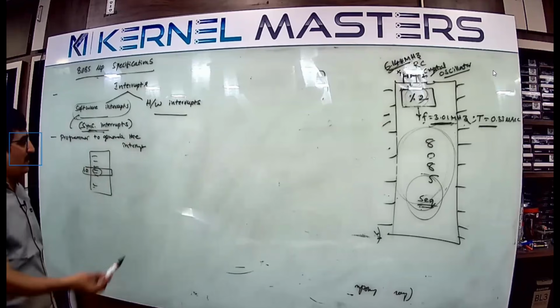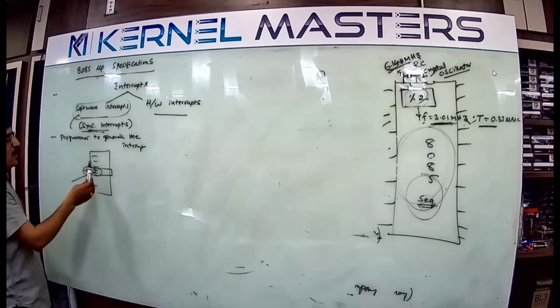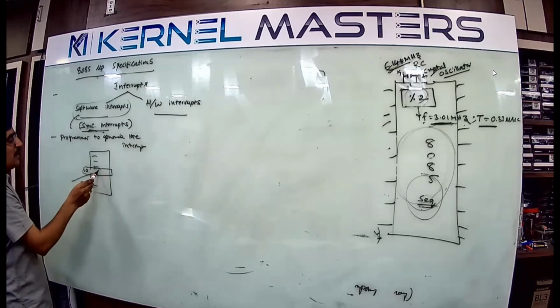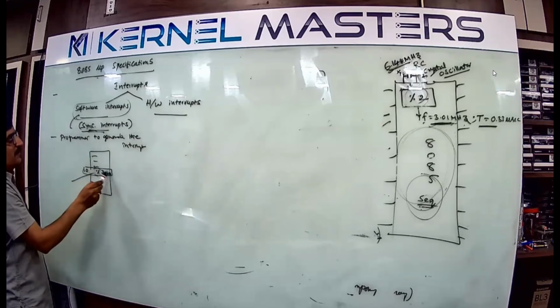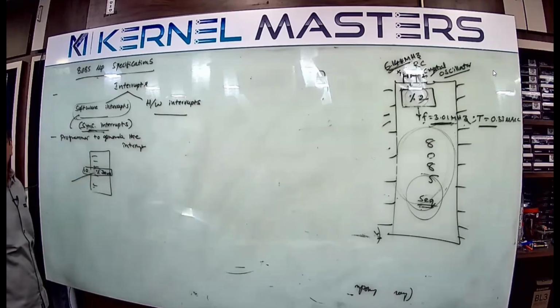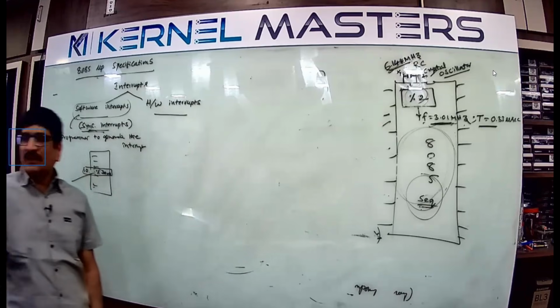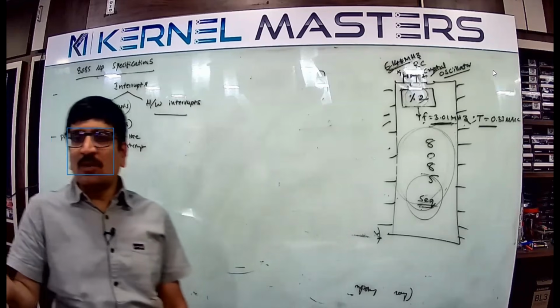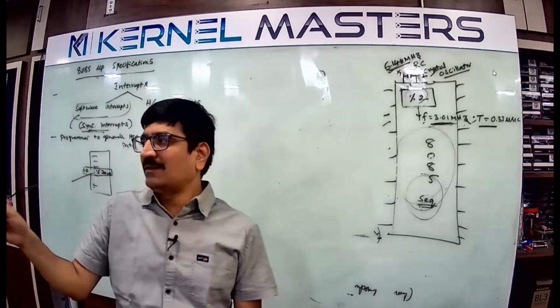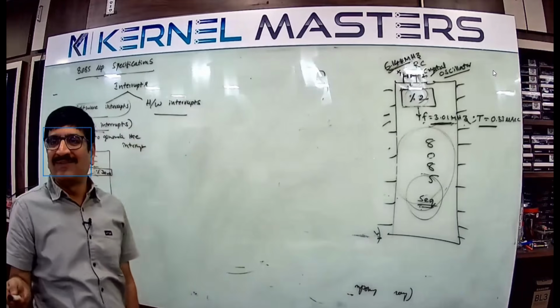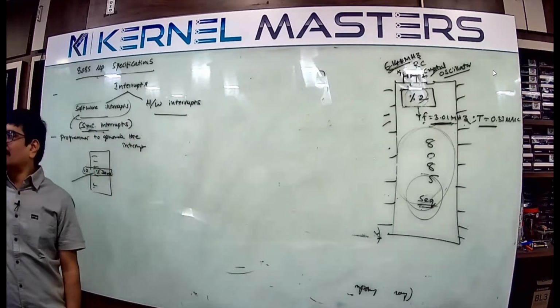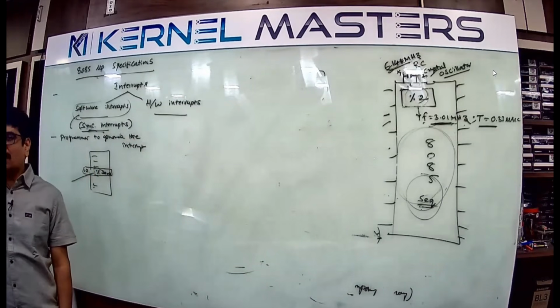For example, the best software interrupt example is when the programmer by mistake executes a divide by 0. At line number 10, divide by 0. The computer cannot understand divide by 0. Is it infinite? Yes or no? So the microprocessor goes to the interrupt handler, because it cannot handle the exception.